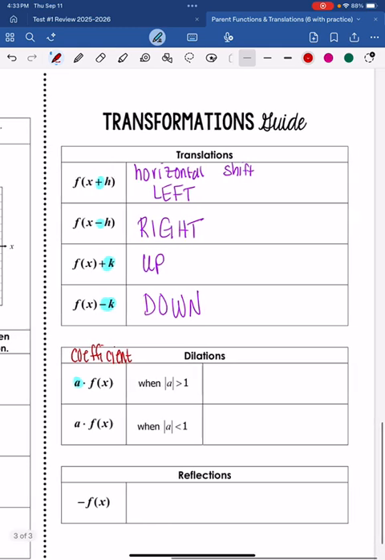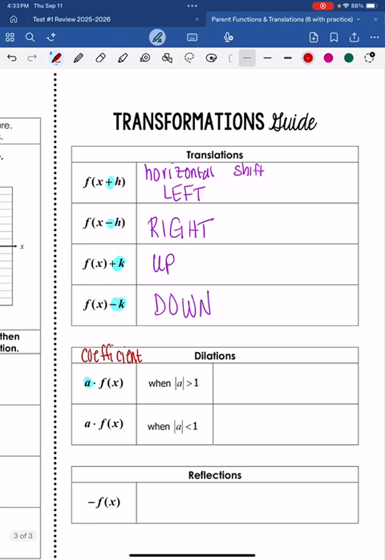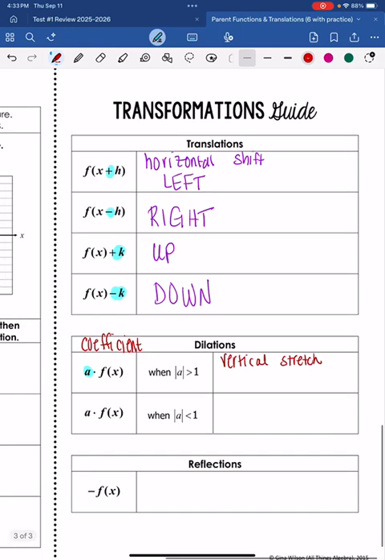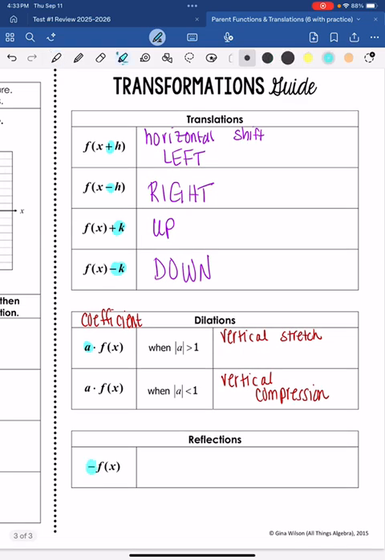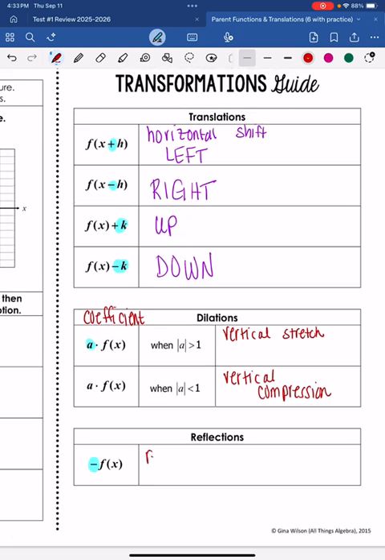When the absolute value of A is greater than 1, we call this a vertical stretch. And when the absolute value of A is less than 1, we call that a vertical compression. And if A is negative, this is a reflection over the x-axis.